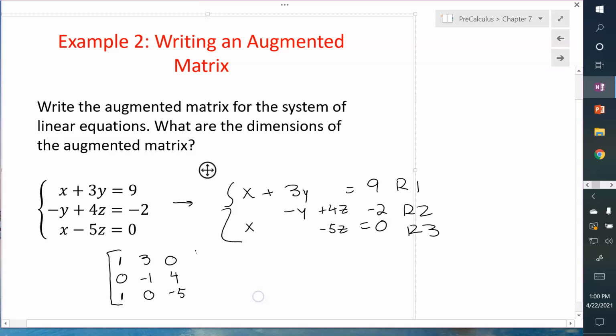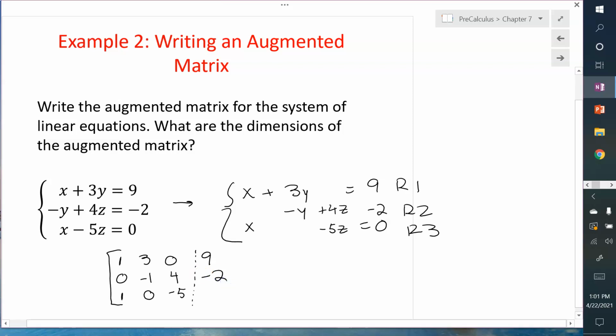Then I'm going to put in a dashed line like this. This says that on the other side of the dashed line is where you put the equals. Since my first row was x plus 3y equals 9, I'm going to put a 9 over here. Second row, I had negative y plus 4z equals negative 2, so I put a negative 2 there.